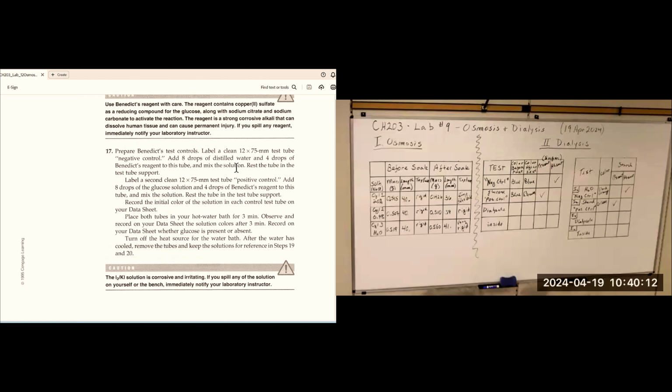We're going to do outside and inside. This is the dialysis tubing.